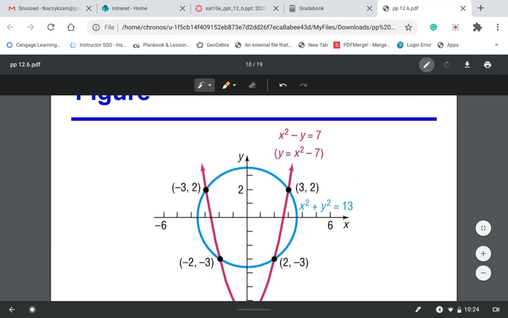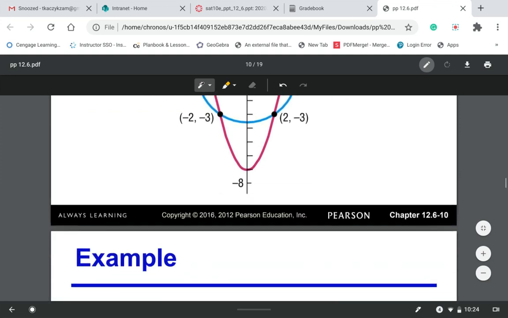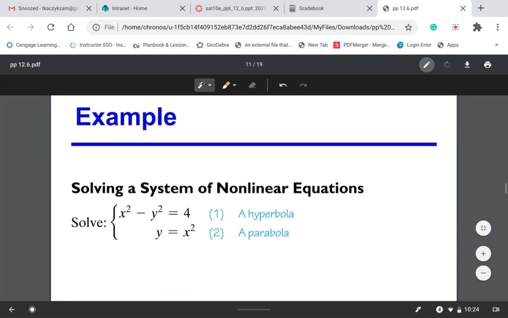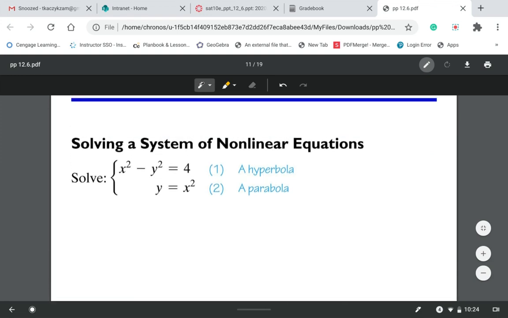It has nothing to do with our next example. I got a little confused. So here, this is a different example. We have a hyperbola, and we have a parabola. Okay, so let's solve this system.